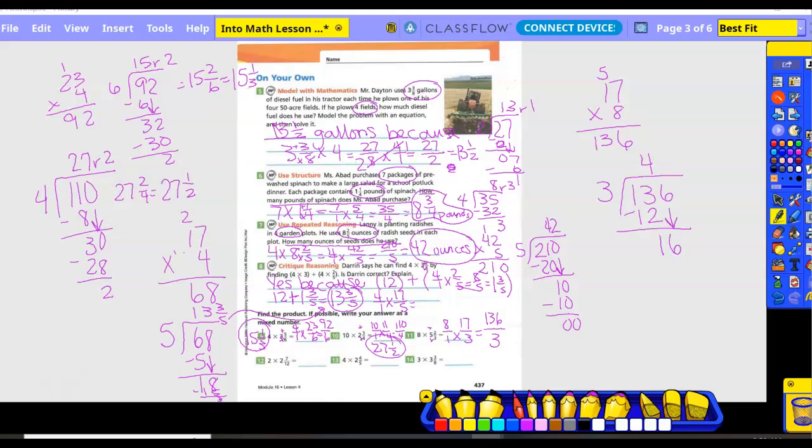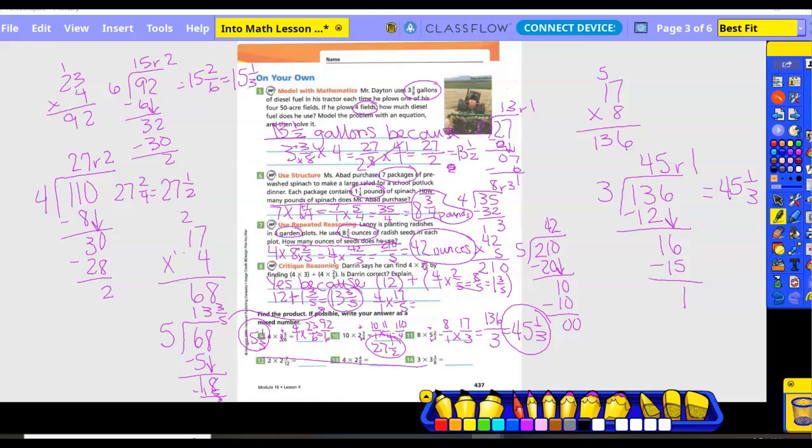How many times does 3 go into 16? 5 times. 5 times 3 is 15. 1. So 45 remainder 1. So as a fraction or mixed number, that is 45 and 1/3. Is that simplified? Yes. Okay. So my answer is 45 and 1/3.